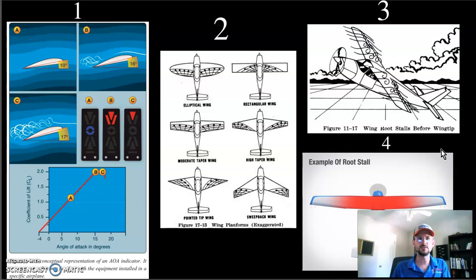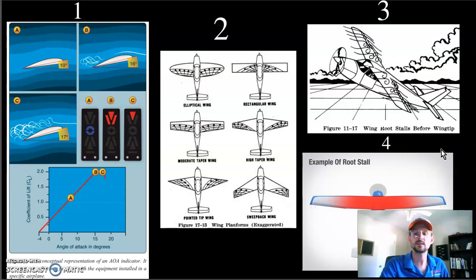As you can see in picture A, it's at 10 degrees, and then as we increase our angle up, we go to B, and that's a 16 degree angle, and you can see the transition from A to B. The wind is flowing smoothly over the wing in A, and then as we increase our angle, we're going to get those little wisps in B on the back of the wing. That is a disrupted airflow over the wing, and if you allow it to go further, as in picture C, it develops fully so that the wing loses all lift.